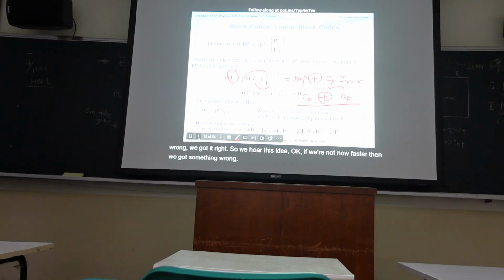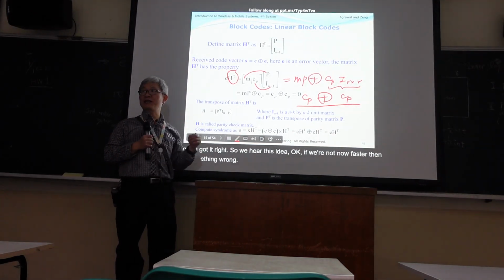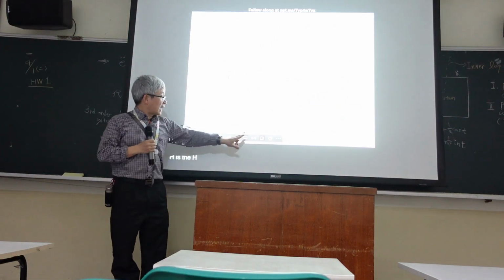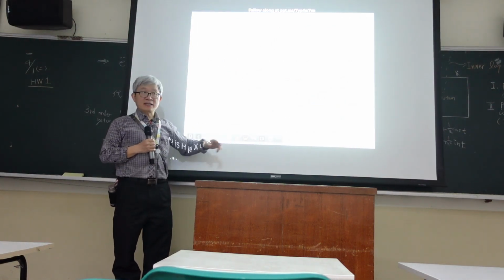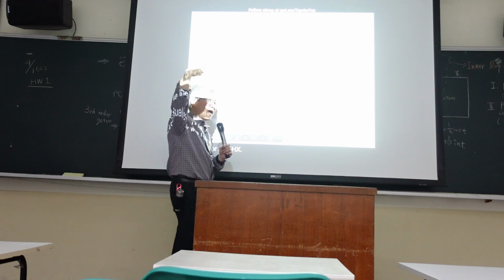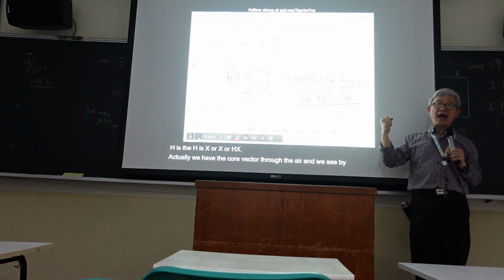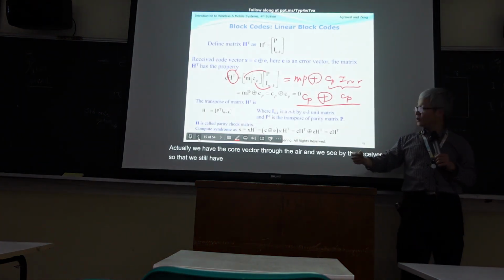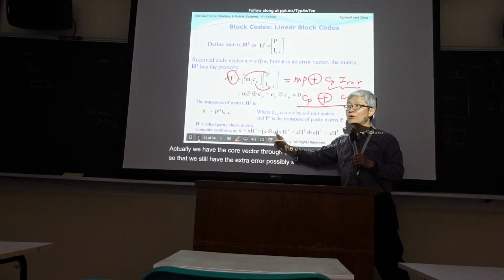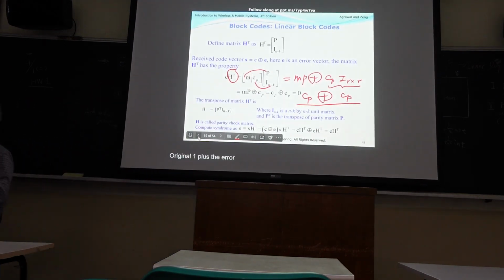Sorry, what does the X in X H^T stand for? Yes, X. Actually we have the codeword sent through the air and received by the receiver, so we still have the actual error possibility. So the original one plus the error possibility, and where we have error here.